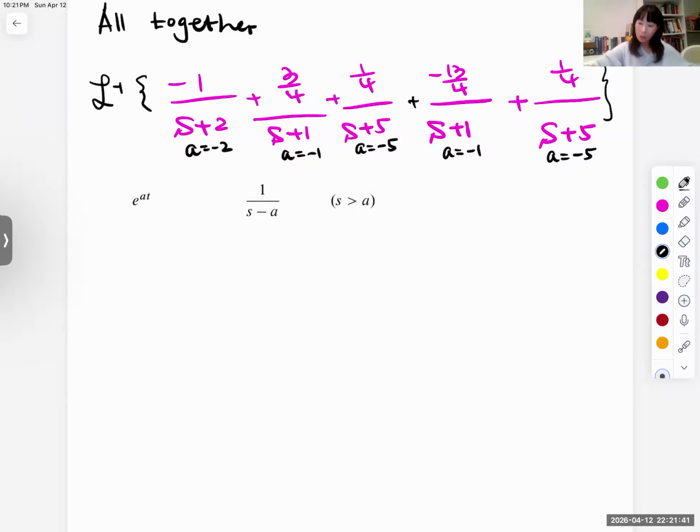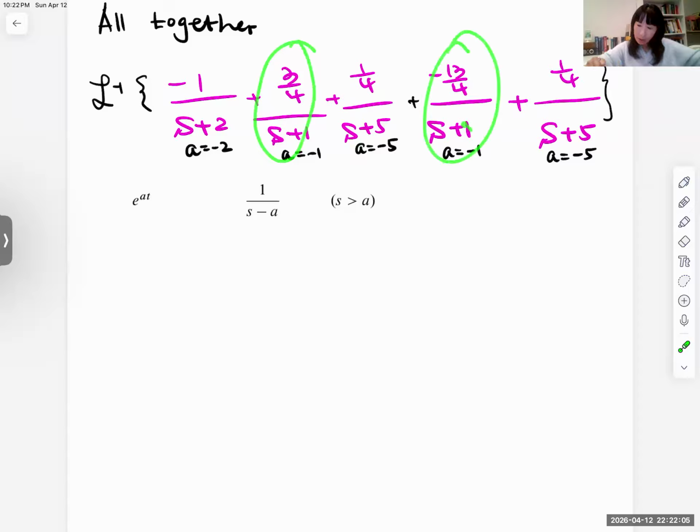Okay, now let's combine, because it looks like we have many terms, right? So let's combine like terms first before we determine. All right, so this term and this term are the same, right?